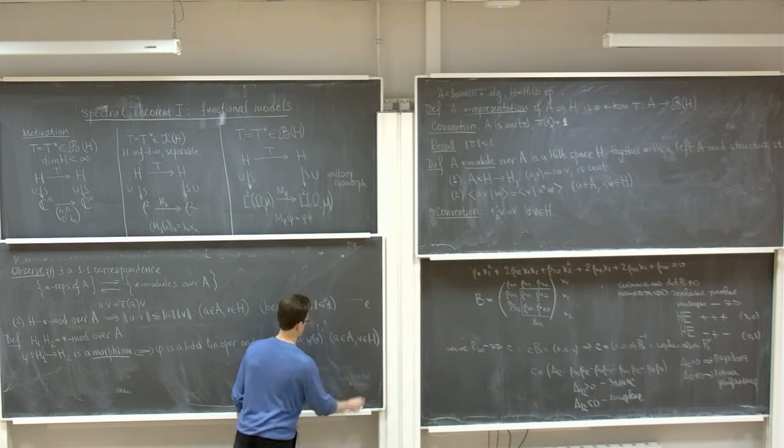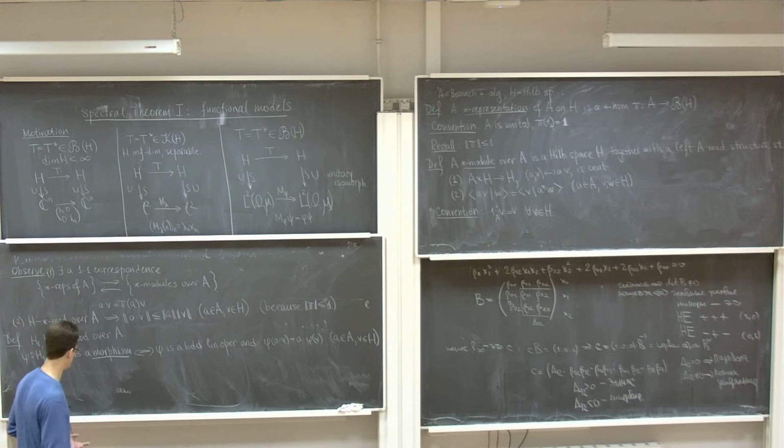So a morphism of star modules is just a continuous A module homomorphism.